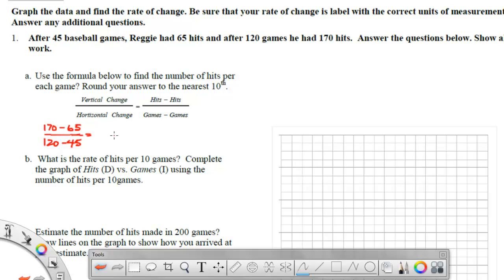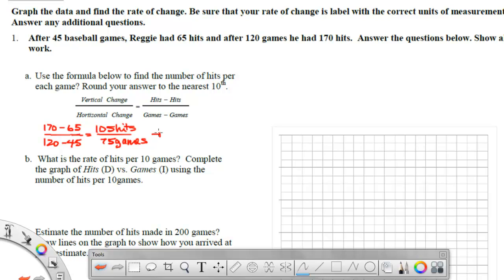Now, if you came up with this correct number here, 170 minus 65 would be 105 hits, divided by 120 minus 45, which would be 75 games. If you did this correctly, you got 3 points. That was worth 3 points.